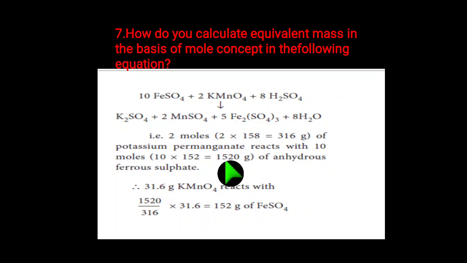Now we have to find the gram equivalent mass of potassium permanganate. What is the meaning of the calculation? 316 gram of potassium permanganate reacts with 1520 gram of ferrous sulfate.